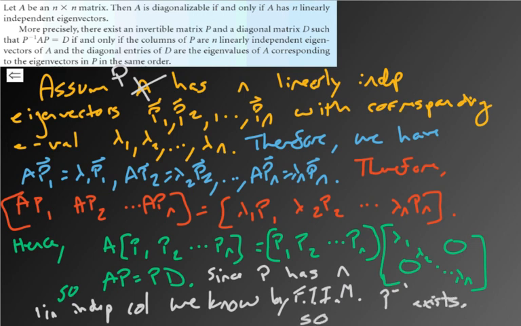I'm running out of room. We can write P inverse AP equals D. There we go. So we can apply P inverse to this thing, basically. And that's it. It really just unpacks what we had.